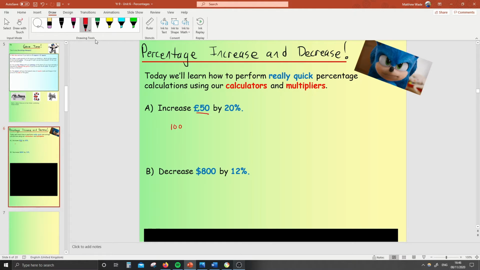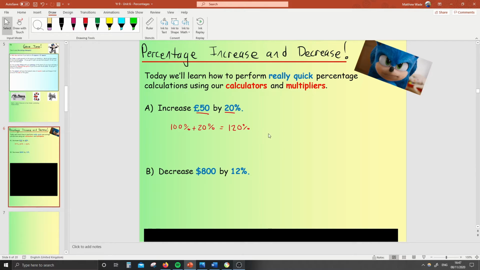Because if you have 50 pounds in your pocket right now, and it's everything you have, it's 100%. But we're going to increase it by 20%, so we're going to add 20% to that. While you can't add the 50 with the 20, you can add 100% plus 20%, because both of those numbers are already percentages. So what is 100% plus 20%? Well, of course, it's 120%.